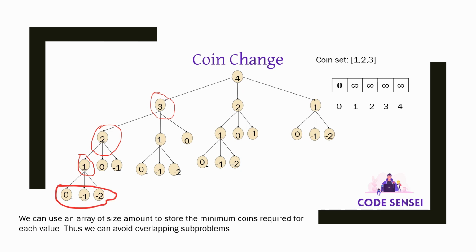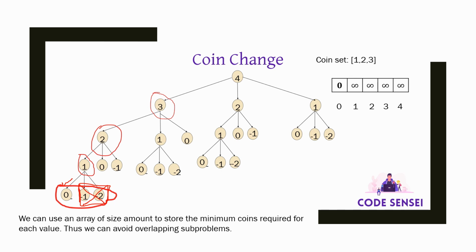So finally, at the base of that tree we will get 0. So we already know that the minimum number of coins required for 0 is 0, and these are negative, so these are not required for us, and they will just return a value of -1.